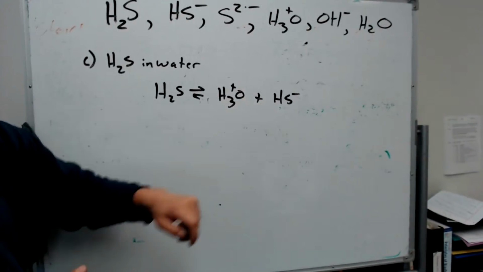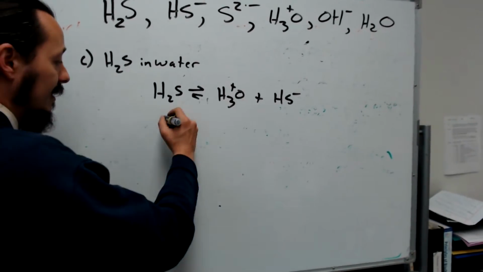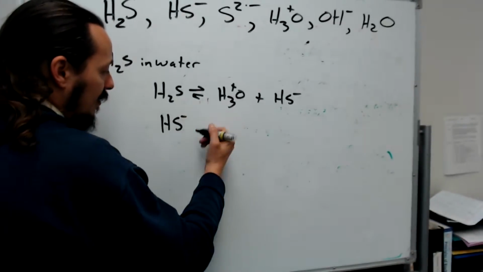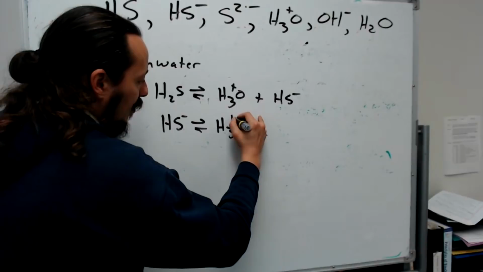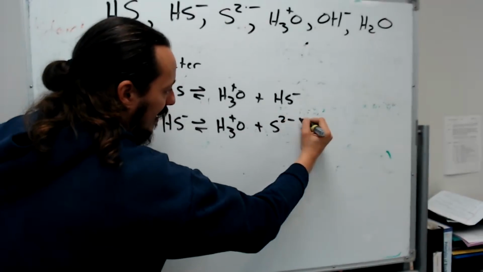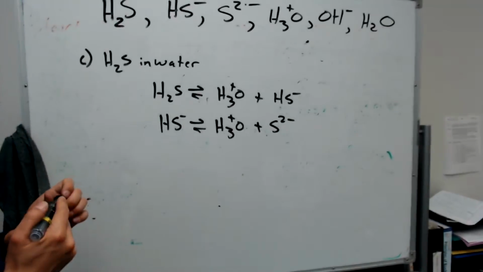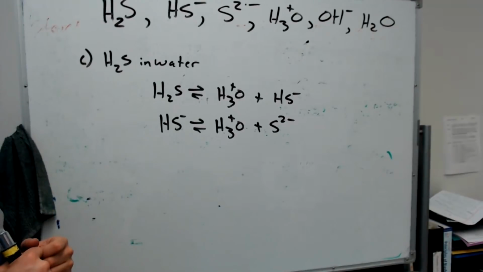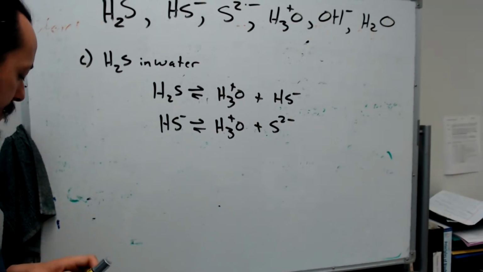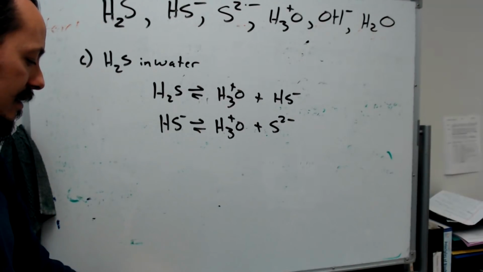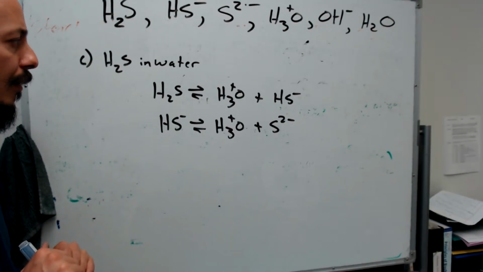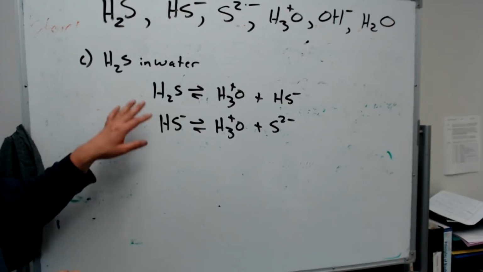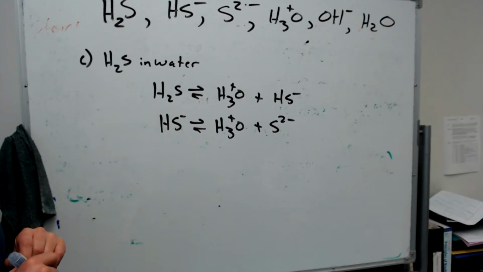Is HS minus an acid? Yeah. So we can also say HS minus is going to break down into H3O plus and S2 minus. And what we really have to think about is how likely is each of these things to happen, right? It's tough to tell without Ka values, but we can do some logic from some of the other things we've learned. Is H2S a strong acid or a weak acid?